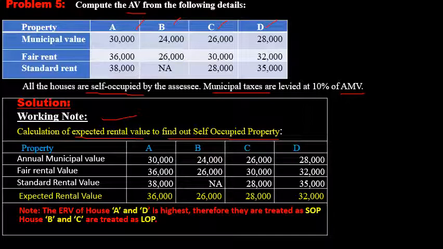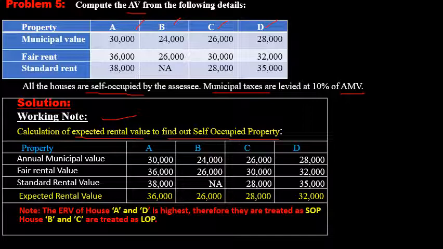If the SSC uses only one house or only two houses for residential purpose, then this working note is not required. Whenever it crosses the limit of residential houses, you have to find out which one is self-occupied and which one is let out property. There you have to do the working note. The working note is related to calculation of expected rental value, and that will help you find out which one is a self-occupied property. The procedure of calculation of expected rental value is the same.